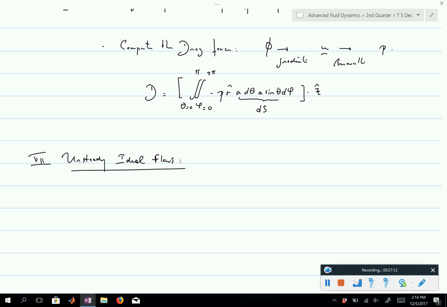So the flow around the cylinder, you essentially need to understand that to understand airfoil theory. The flow around the sphere, you'll need for flow around the sphere, but also, as we'll see here, to discuss added mass.